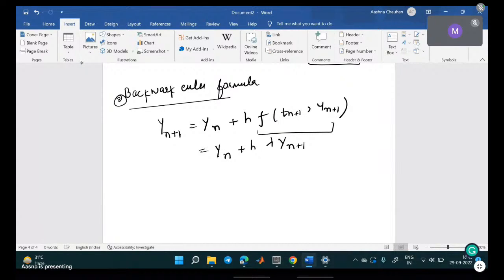So अब यहाँ पे y of n plus 1 इसको मैं left side transfer करूंगी and finally I get it as 1 upon 1 minus h lambda, because left side लेके जाऊंगी and then we will get the factor 1 minus h lambda, and when I'm transferring it into the right side it comes into the denominator into y. ठीक है, so we will get this equation.